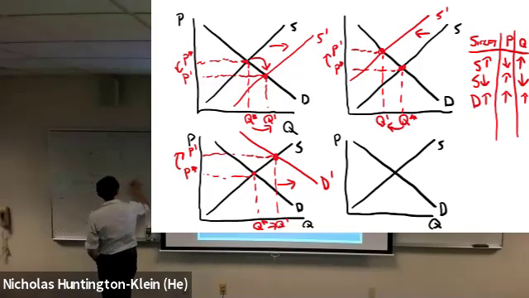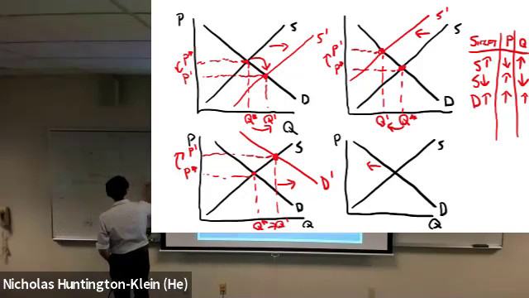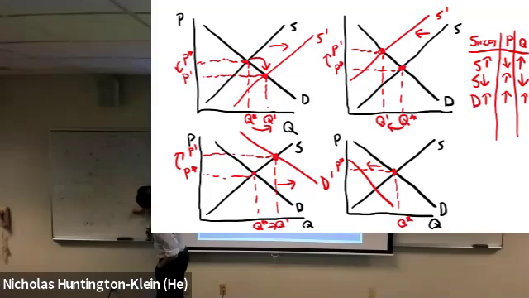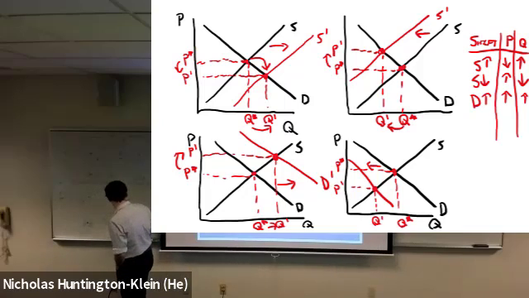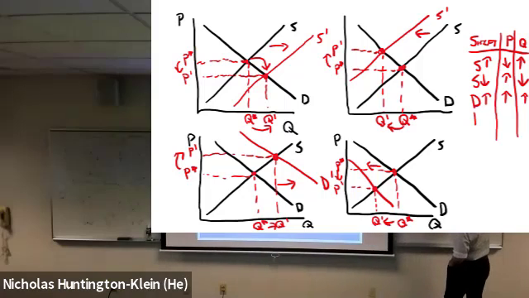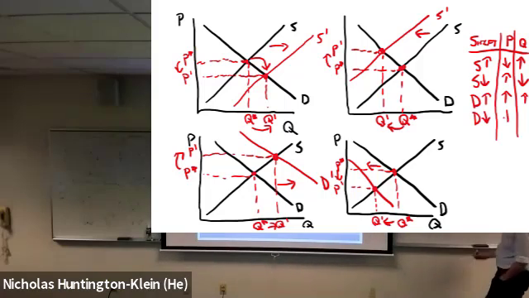When we do a decrease in demand, it's going to shift to the left. P prime, Q prime. I don't want to buy so much of this thing anymore, so I'm not going to be willing to pay as much for it, and I'm going to buy less of it.